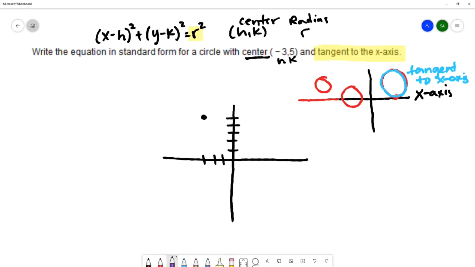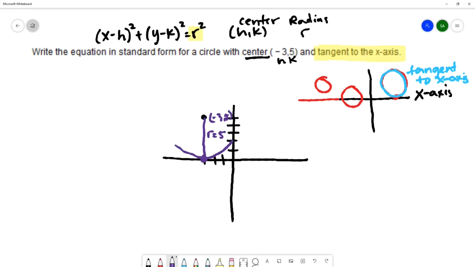So if I go down to the x-axis, this is the point that the circle is touching the axis at. It's easy to count the distance from the center to that point on the x-axis. The ordered pair for the center is (-3, 5), so our radius is 5 for this particular circle.